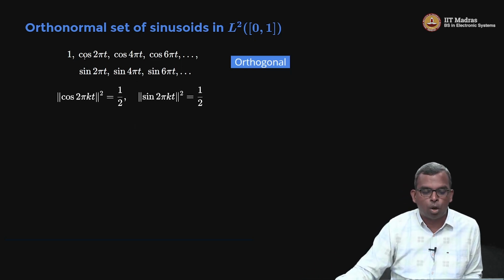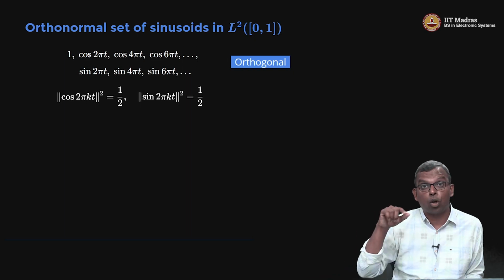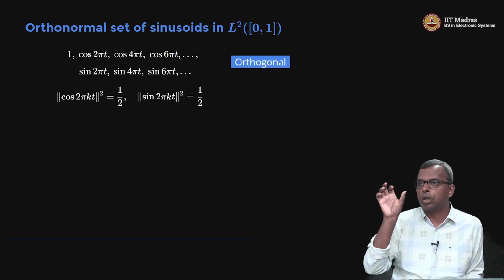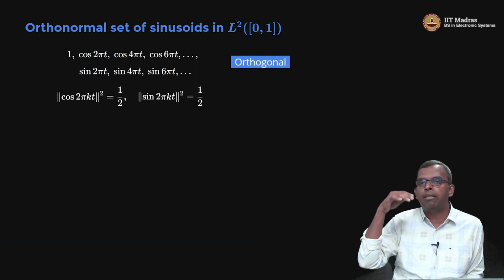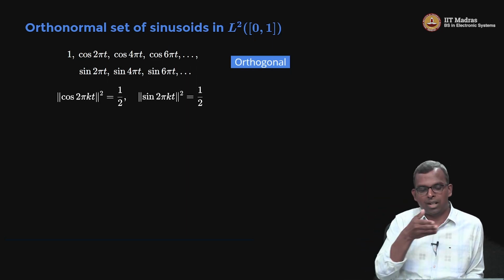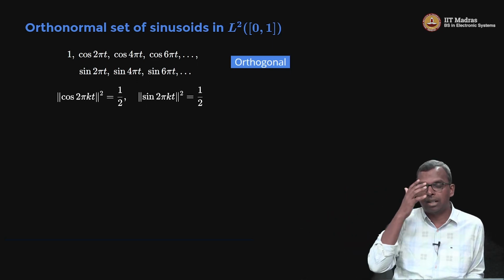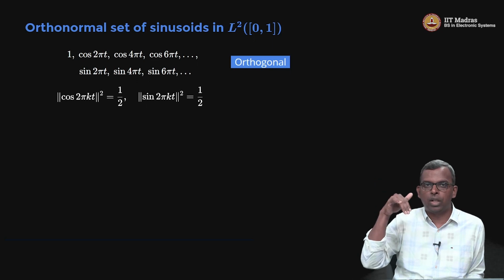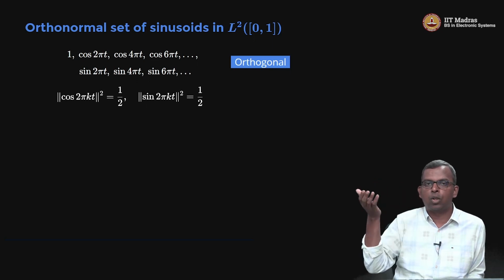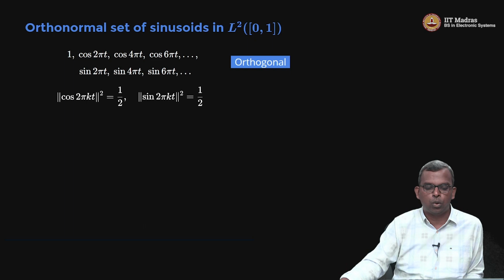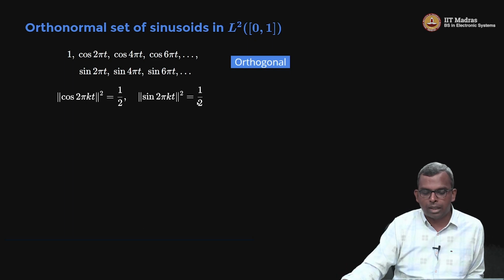If you integrate, say, cos 2 pi t, you have to integrate cos squared 2 pi t for finding the norm. But cos squared theta is (1 plus cos 2 theta) divided by 2, so the half is what remains here. The cosine term will go off to 0, so you get the half here.